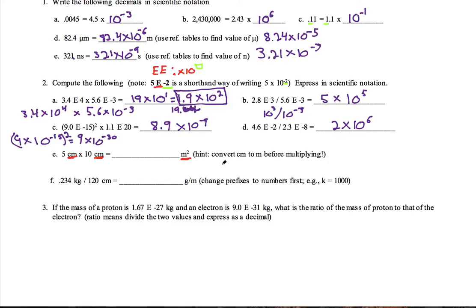So the easier thing, and we've got our hint here, convert these centimeters into meters before we do any of our math so that our answer comes out with the right units. So if I convert 5 centimeters and 10 centimeters into meters, it's going to be 0.05 meters times 0.1 meters, and that's going to come out to 0.005 meters squared, right?